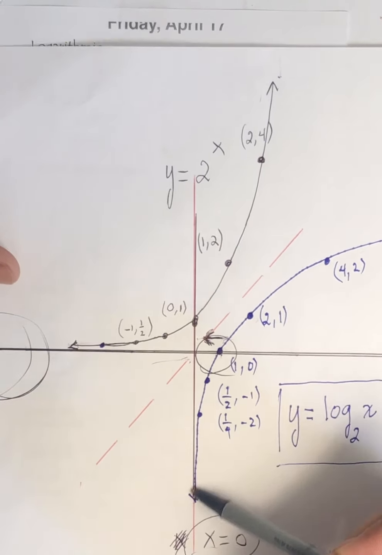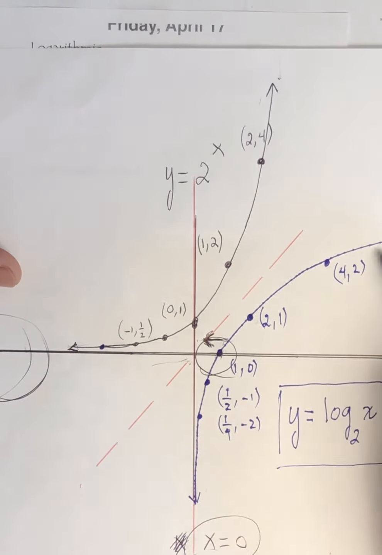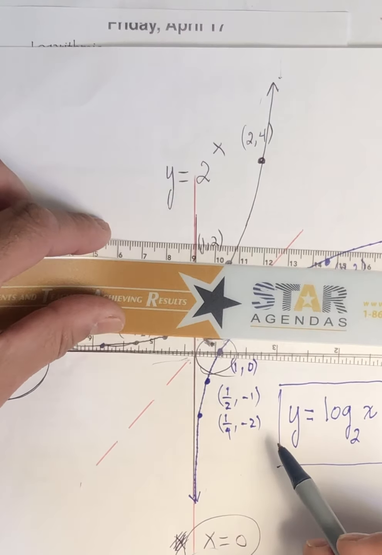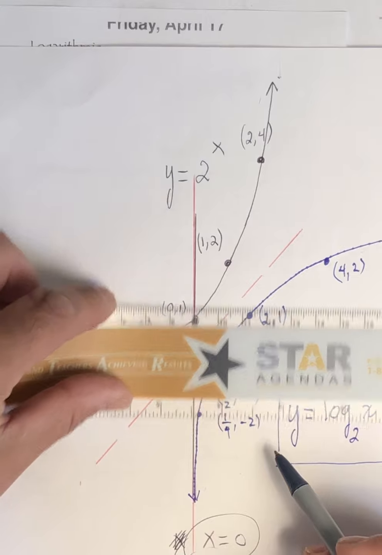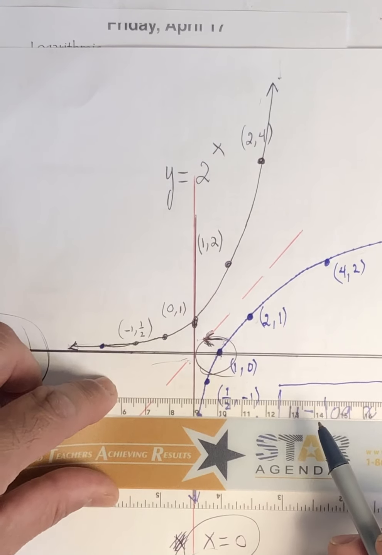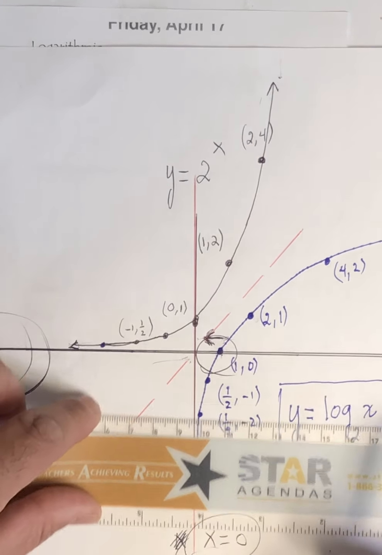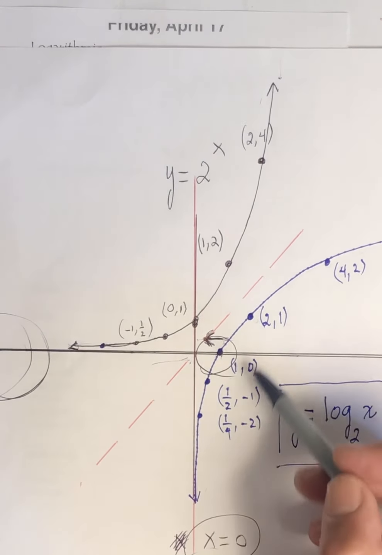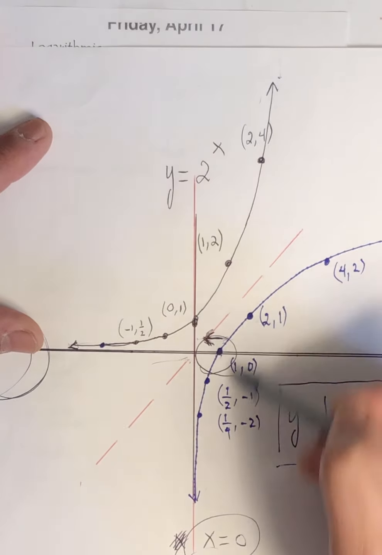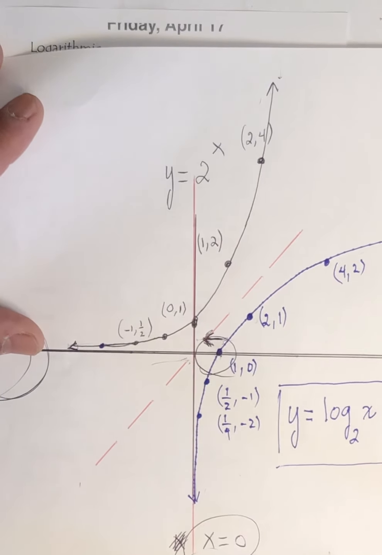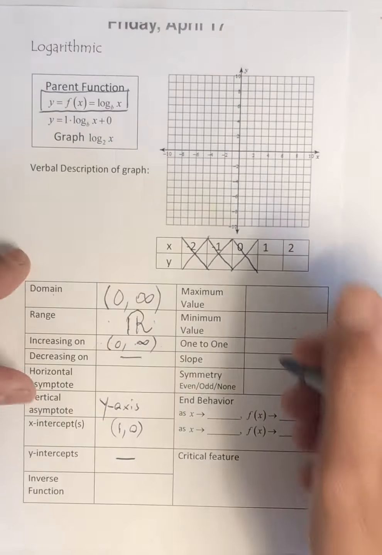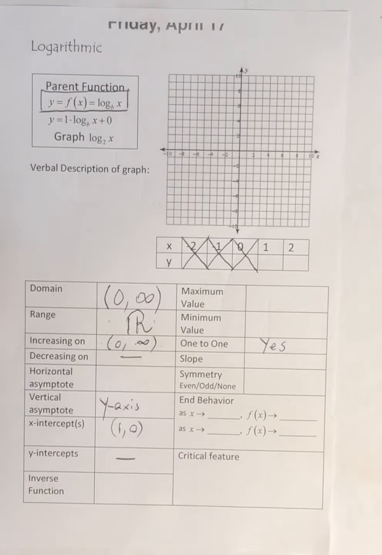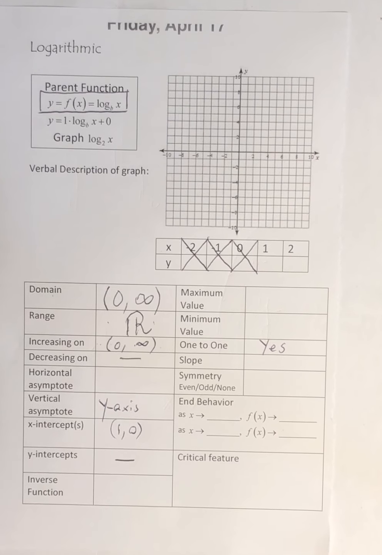Well, we can say the same thing about the logarithmic curve. It passes the horizontal line test. No matter where I place a horizontal line, there will only be one intersection with the graph. So yes, the logarithmic curve passes the horizontal line test, which makes it a 1-to-1 function. So the logarithmic function is 1-to-1.